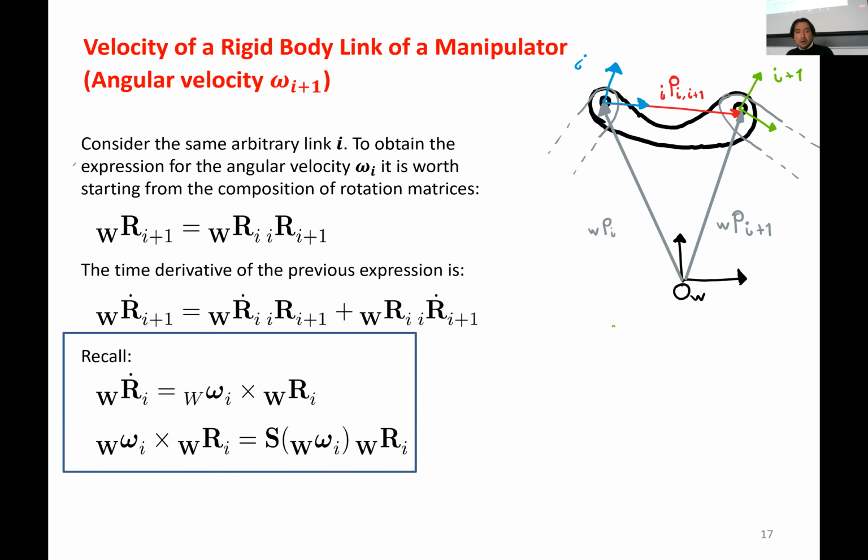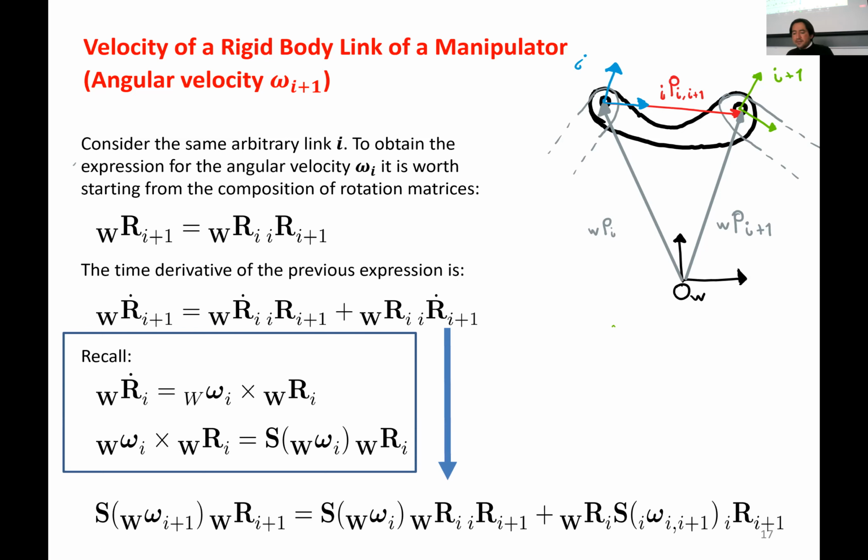And please recall again the derivative of the rotation matrix, but also this expression. This is basically the same as on top; it should be on the same line. But it's basically that omega cross R can be expressed also as the skew symmetric matrix of omega times the rotation matrix. So remember that the cross product can be expressed as a skew symmetric matrix.